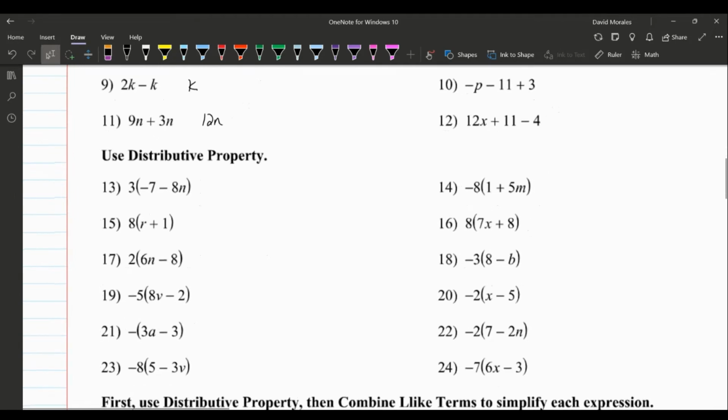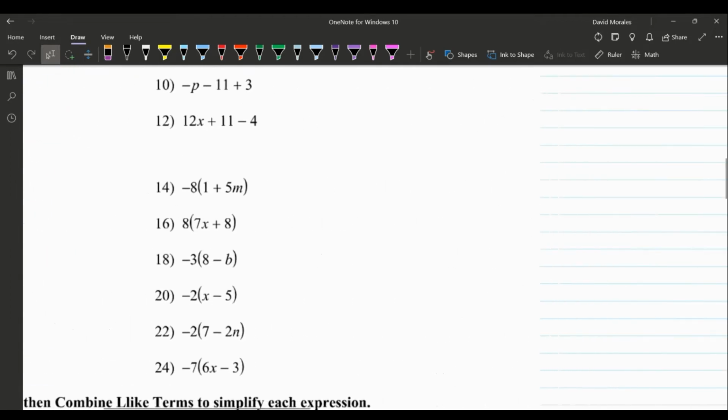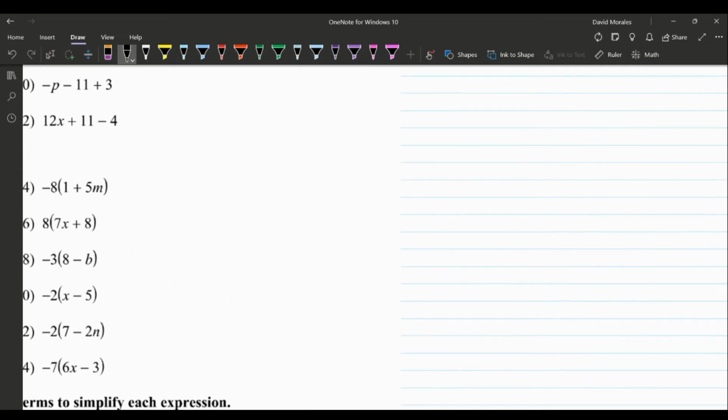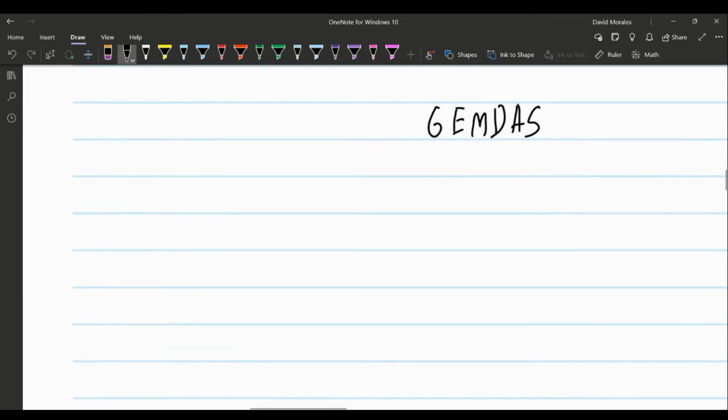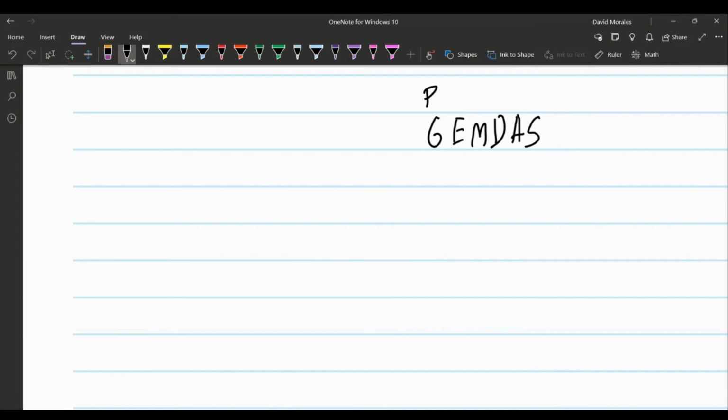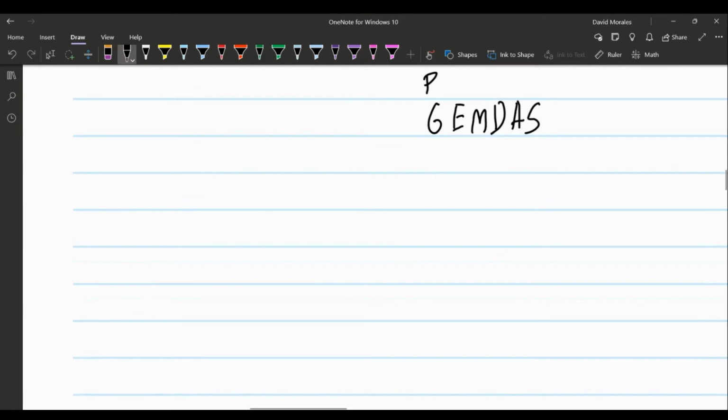And let's go ahead and talk about the distribution property, the distributive property. Okay, so how does this distribution work? Well, if you remember, or if you have seen this, a way to help us remember the order of operations called GEMDAS, or its alternative form, PEMDAS. It's the order of operations.